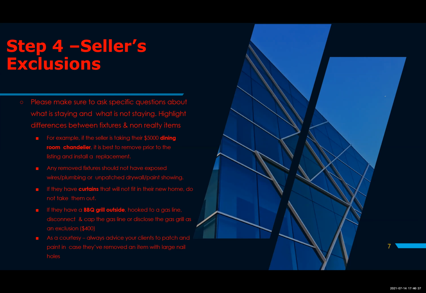Let's say the previous sellers had a TV in there. They're going to take the TV out, of course, but they're going to leave the TV mount there. How do you handle that? I don't know the answer, so I'm trying to see what you guys might think about this one. Rachel, what are your thoughts? It's cosmetic, so I would just have the buyers do it on their own time. Yep, just remove it and do their own thing.